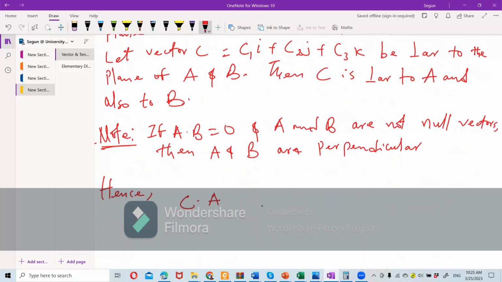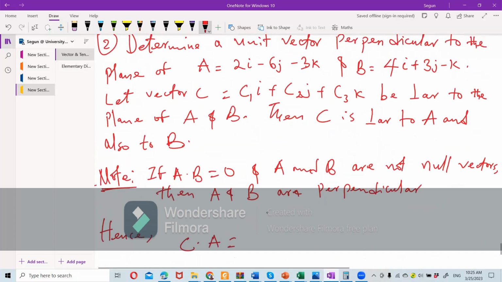And the rule says A dot B is equal to 0. So C dot A will also be equal to 0. This is C dot A.